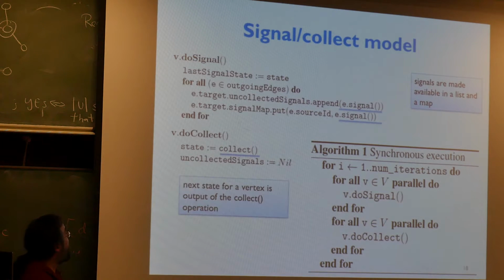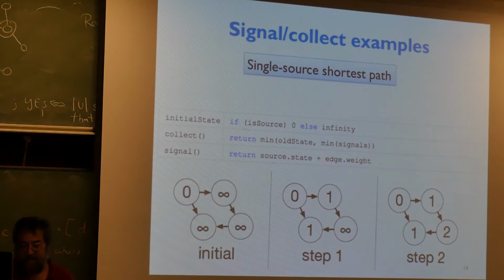When we're done, the next state for a vertex is going to be the output of the collect operation. That's how the state gets updated. And these signals are just made available for that collect function when you call it. So this is doing a fixed number of iterations, and we'll get around to relaxing that in a couple of minutes.